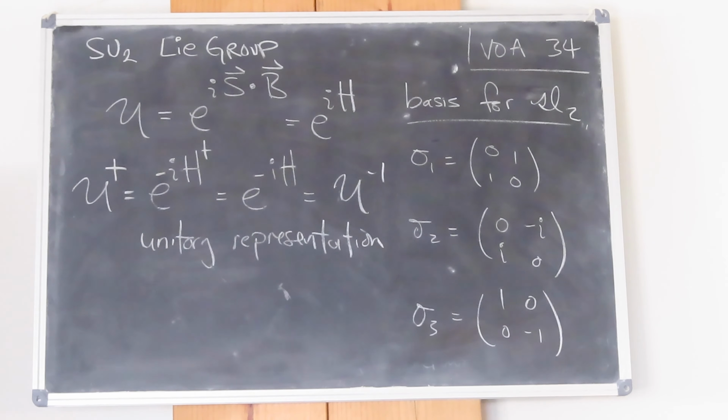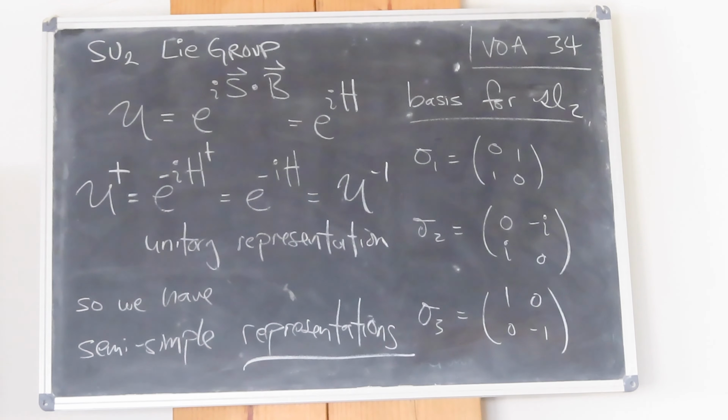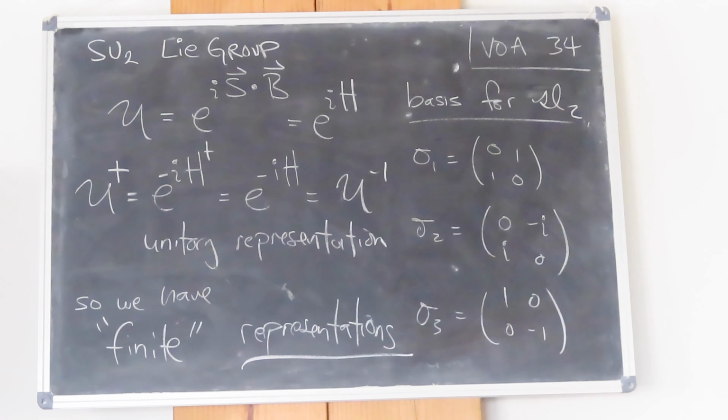Now, the spin up or down states can be transformed by these kinds of operators u. Unlike the Heisenberg group, SU2 is compact, which will make our representation discussions much simpler. Indeed, representations of SU2, the structure of our Hilbert space of states, will be semi-simple, which, for our purposes anyway, means finite.